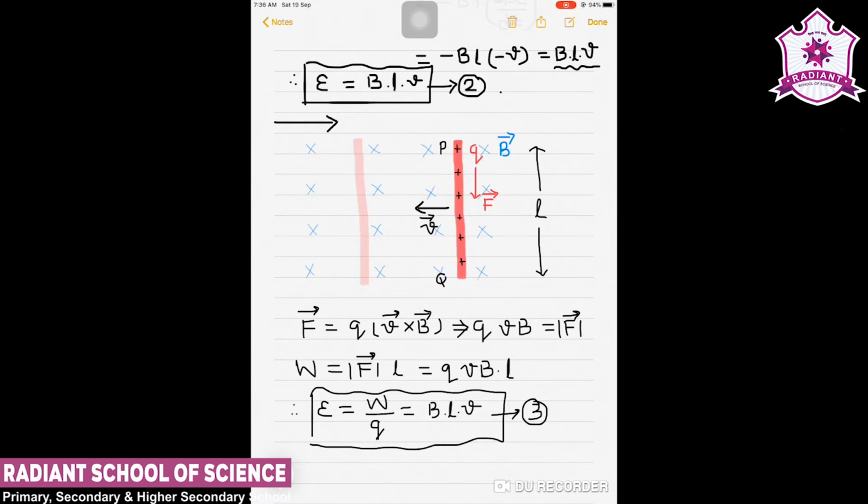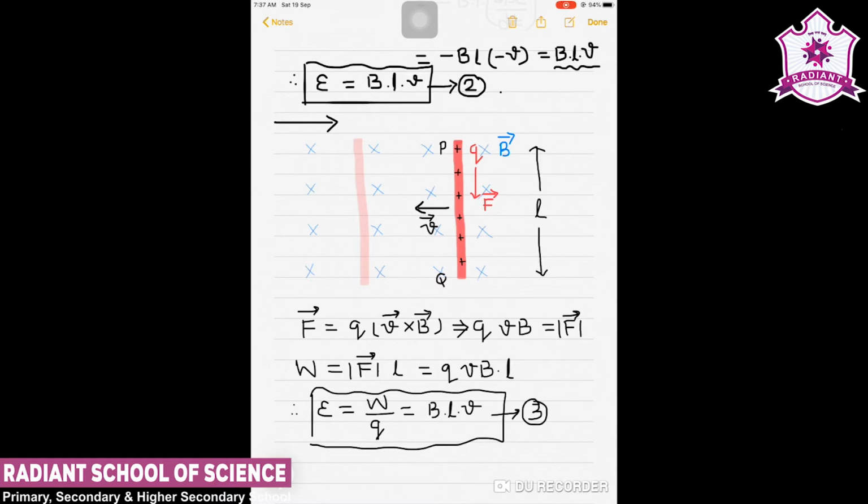This equation gives the EMF induced across the rod PQ and is identical to equation number 2. Here we stress that our presentation is not wholly rigorous, but it does help us to understand the basis of Faraday's law when the conductor is moving in a uniform and time independent magnetic field.